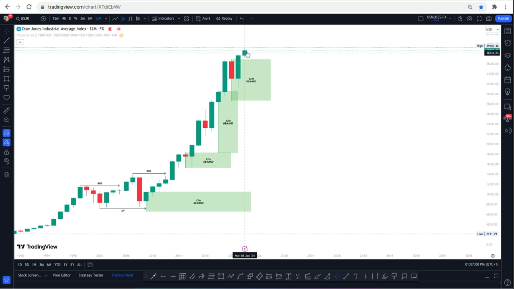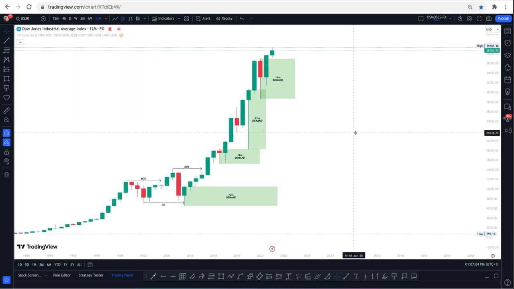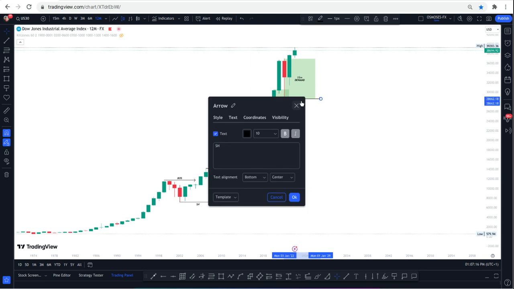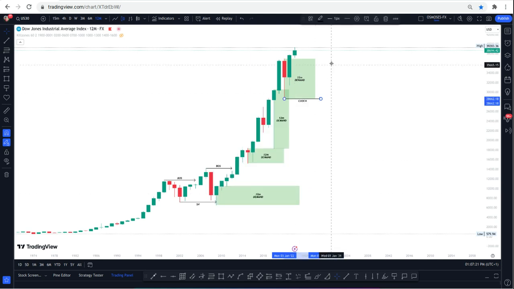If this one should close bullish or close back in here, we should still look for buy setups. Until I see that one of these is being taken, then I can have a chop. Until I see that, I'm still bullish.